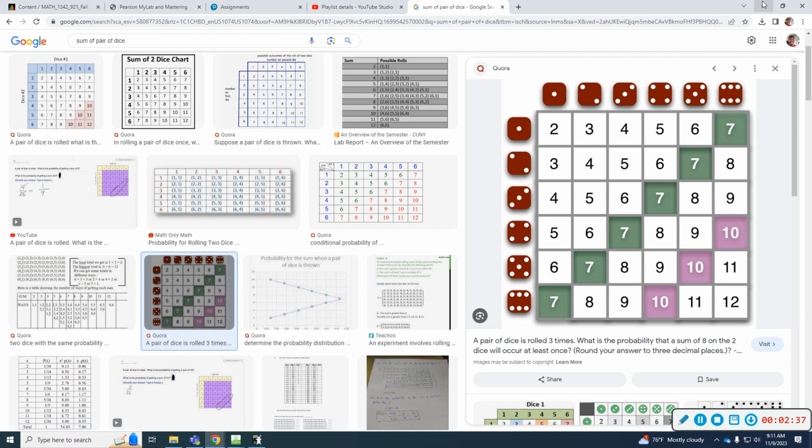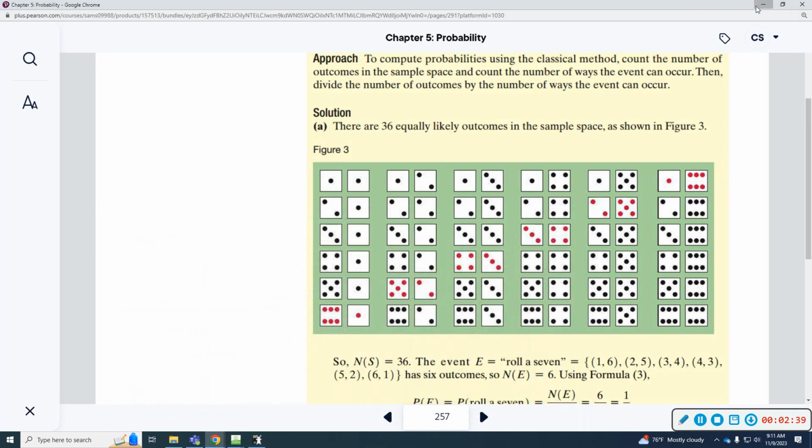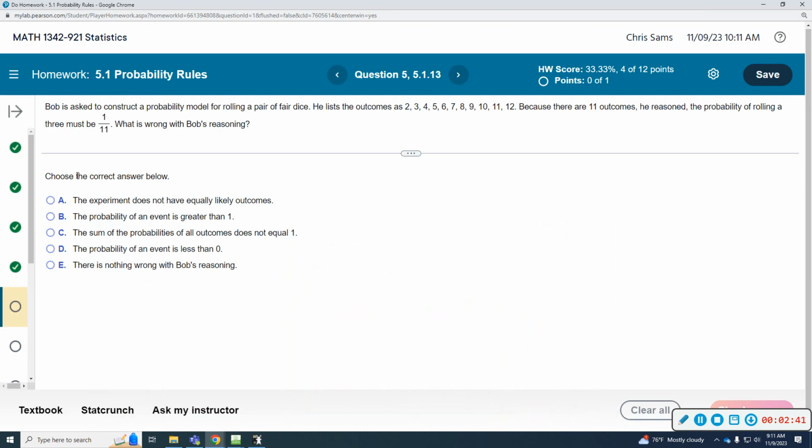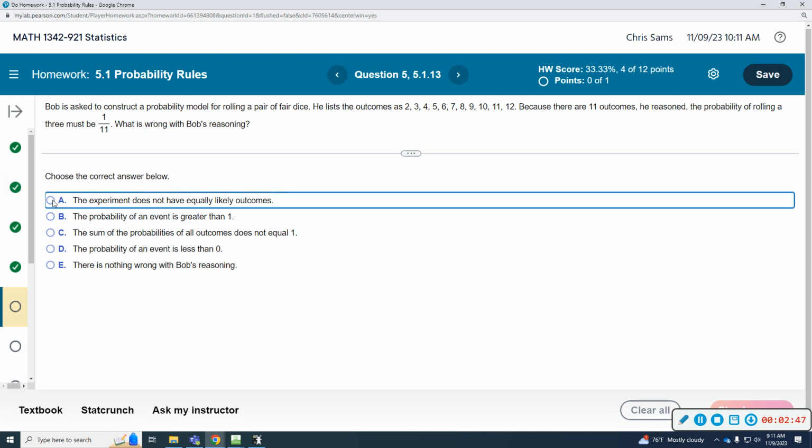So because of both of those, this is incorrect. So we're going to say the experiment does not have equally likely outcomes. Yes, the probability is greater than 1? No, but I think it's just going to be A.